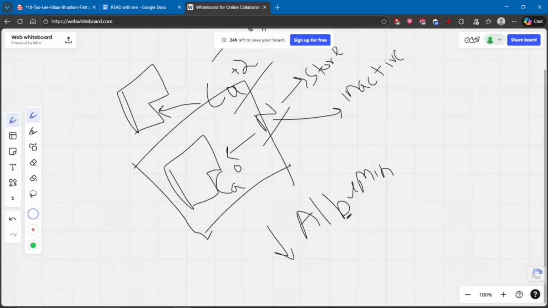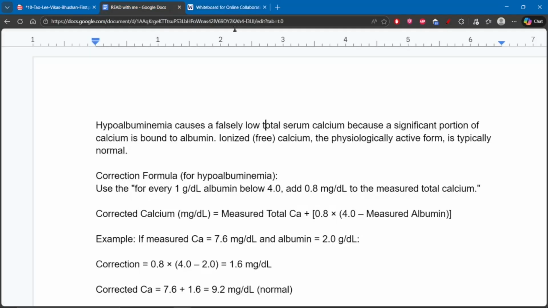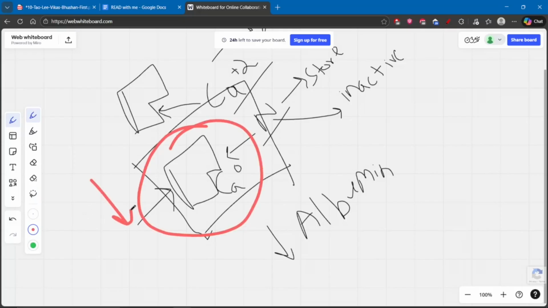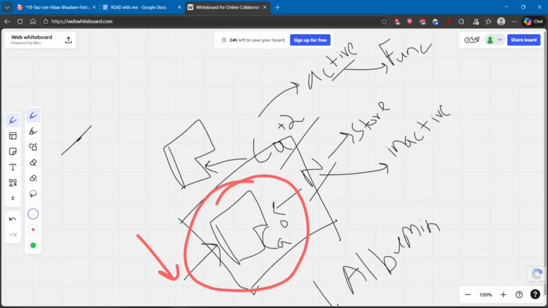So if albumin is decreased in the blood, then calcium is also decreased. Hypoalbuminemia causes a falsely low total serum calcium because most of the calcium is bound to albumin. If this whole complex is decreased, then the total would also be decreased, right?